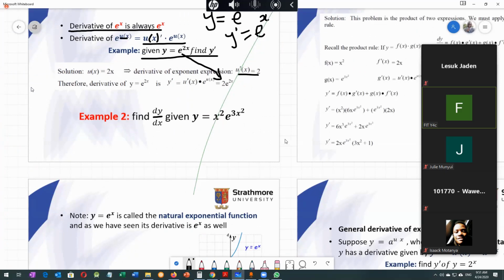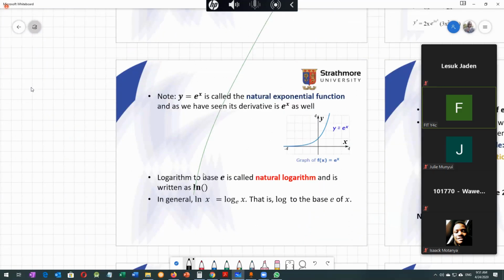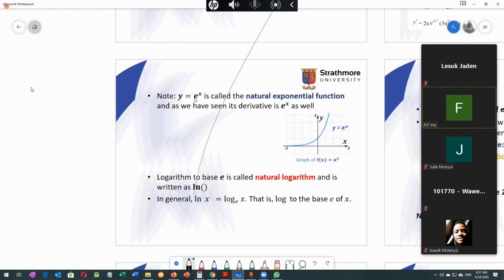Then quickly, I move down here. Note that y is equal to e raised to power x is called the natural exponential function, and it's going to be important. Remember, exponential functions always pass through this point. Now, logarithms to base e are usually called natural logarithms, and they are usually written like this, ln.